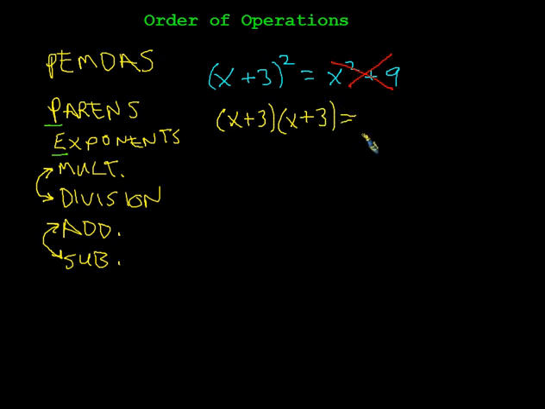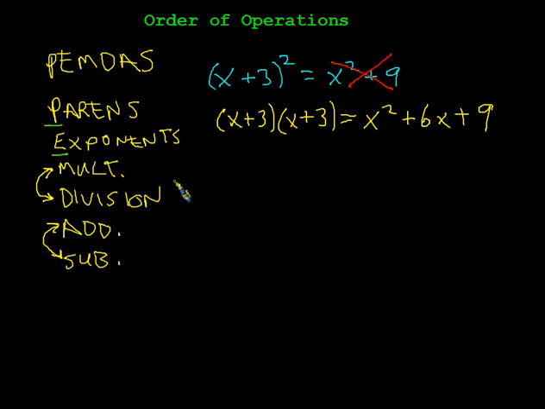Now that is legal. And we can do something called FOIL, which we'll be getting to more of later, where we multiply and we get x squared plus 6x plus 9. Remember, first times first, outer times outer, plus inner times inner, plus last times last, gets us that. So anyways, that's not x squared plus 9.